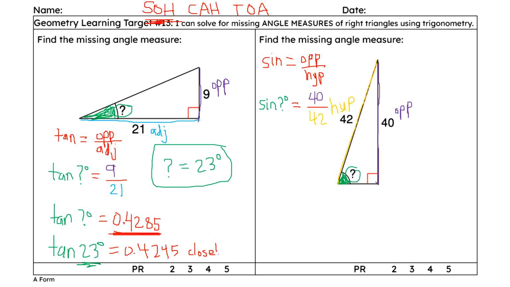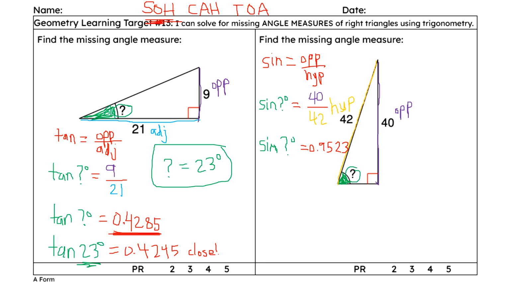So the sine of something will be equal to 40 divided by 42, top divided by bottom. 0.9523. All right, so I have the ratio.